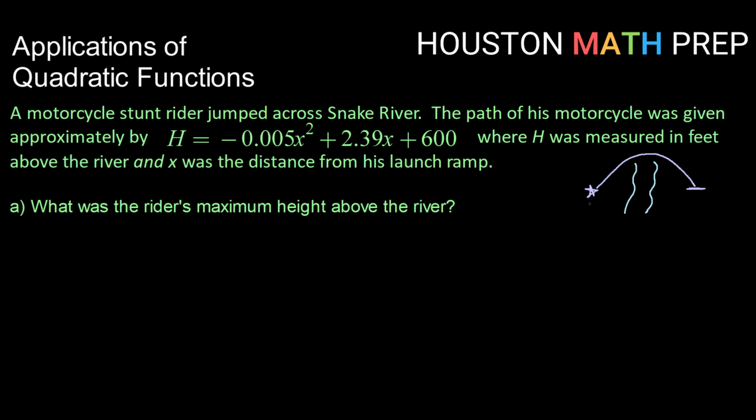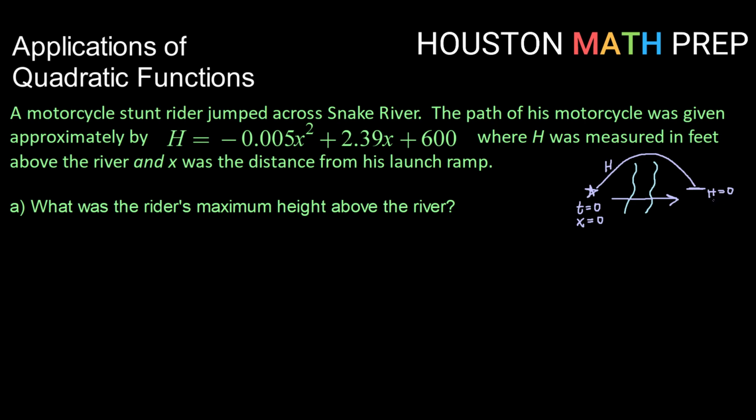So this would be his t equals 0 time frame, and also his x equals 0. x is the distance from his launch ramp, so x is going to increase as he goes away from the launch ramp, and his height is going to be measured. It's going to go up, up, up till he reaches his top height, and then it's going to go down until it comes back down to 0 when he lands.